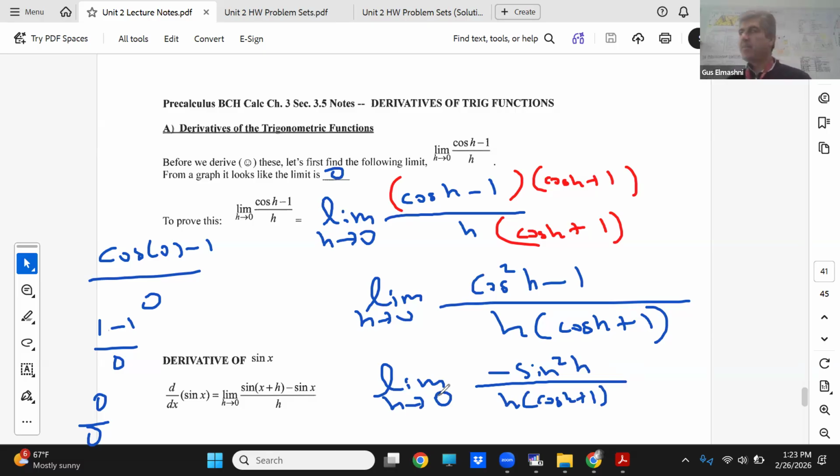Nothing cancels right away. But if it's approaching zero, doesn't sine h divided by h become... Yeah, good. That's good, Charlie. So let's see that.